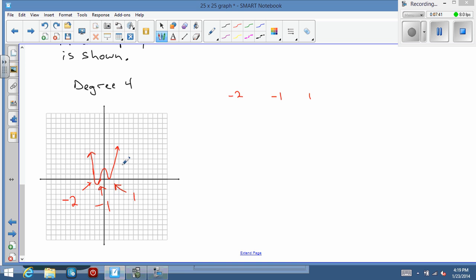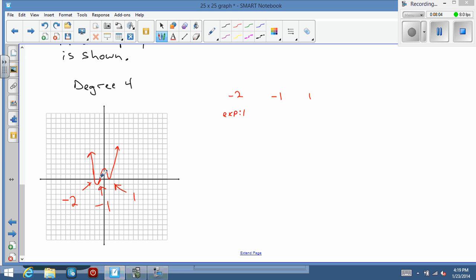Now, because I have the graph, I want to use my understanding of the behavior at each of these zeros. Now, this graph goes straight down through negative 2. So that is a linear behavior. So my exponent on my factor for negative 2 is going to be 1.